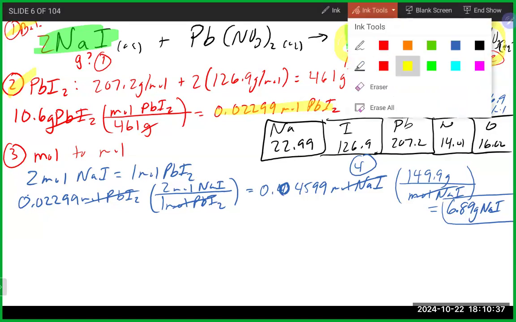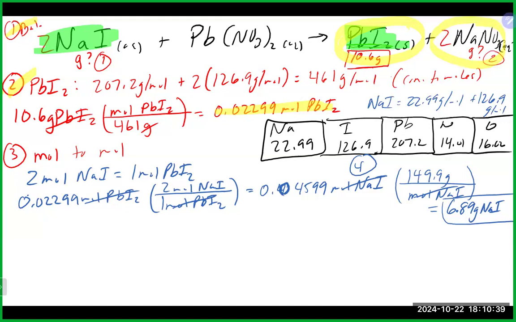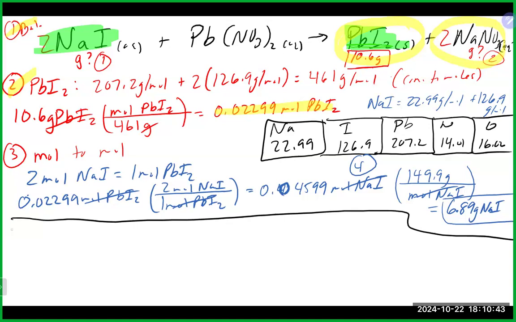So that's going to give us our other relationship. And from that relationship and the equation there, we could see that for every, and we'll basically be picking up on step number 3 here, for every 1 mole of PbI2, you get 2 moles of NaNO3. So it's a basically 1 to 2 relationship.